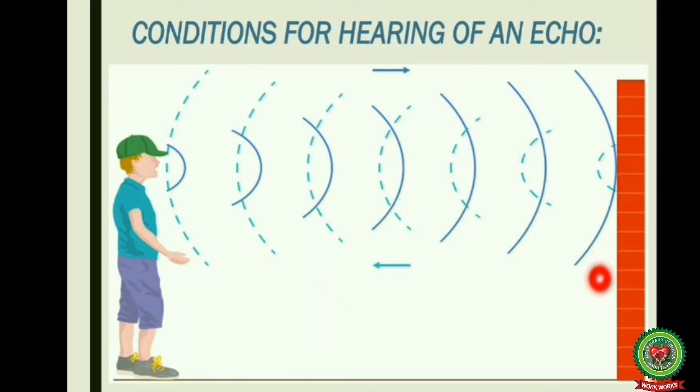The size of the reflector must be large enough compared to the wavelength of the sound waves. The wavelength of the sound produced by the source should be small compared to the size of the reflector. The third says the intensity of the sound should be such that the reflected sound reaching the ear is sufficiently loud to be audible. The sound should be loud enough so that it is audible to the other person.